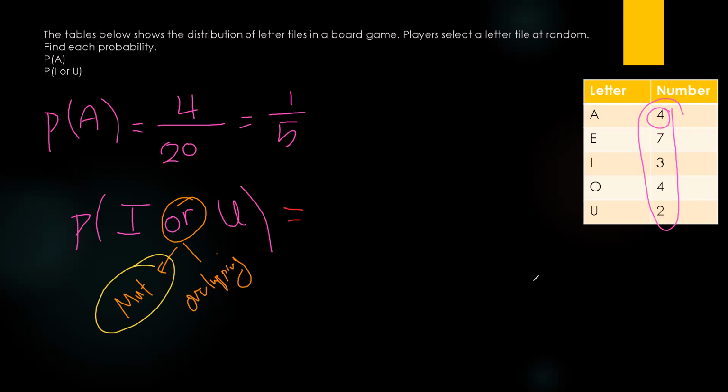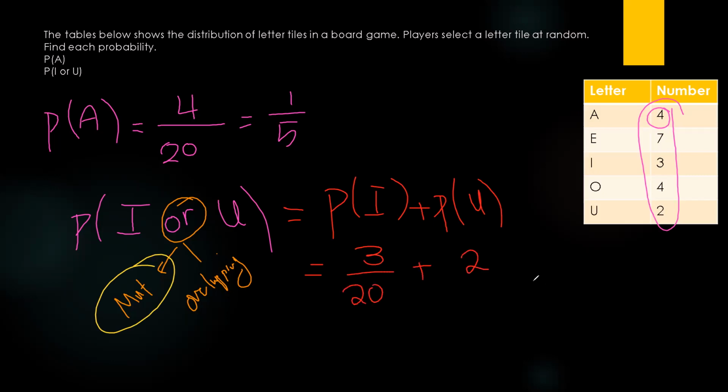So it will be the probability of I plus the probability of U. The probability of I is 3/20 plus the probability of U is 2/20. So it will be 5/20, or if you simplify it, it will be 1/4.